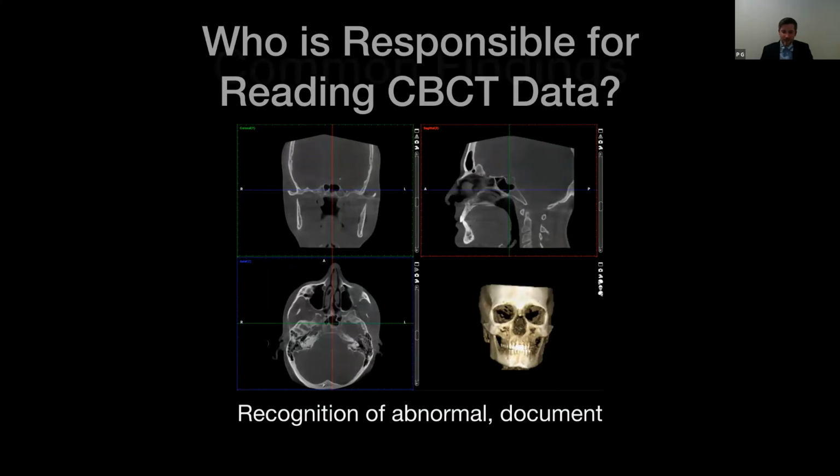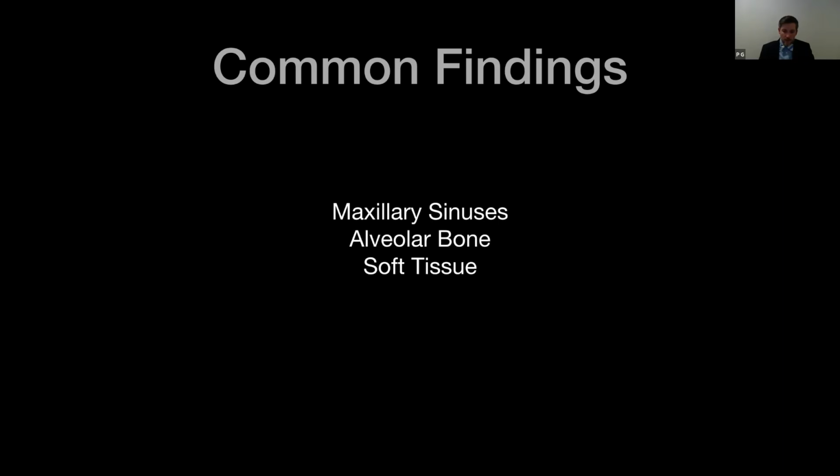So common findings. Just to end, I'll go over a few examples of common things we see in cone beam, and I've got a few examples of each that we'll go over. So I've got a few in the maxillary sinuses, some examples in the alveolar bone, and some in soft tissue as well, because cone beam is pretty sensitive for finding soft tissue calcifications.